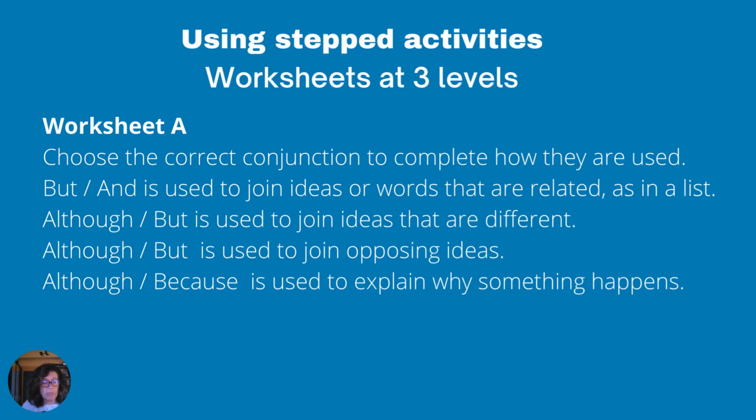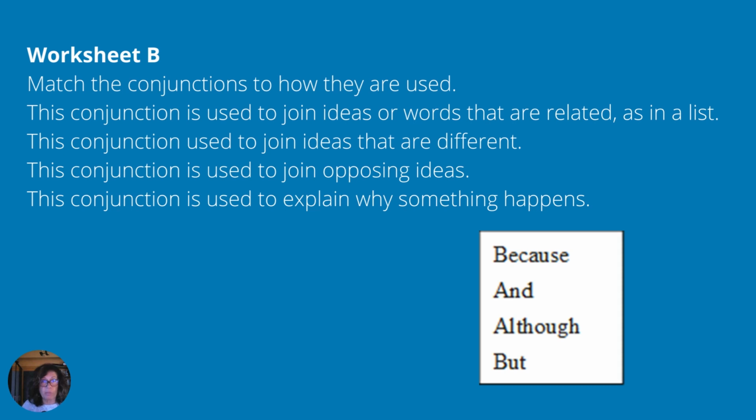For example, using worksheets at different levels. You categorize the worksheets according to the level of difficulty, and you have A, for example, which has the most support. It's the least challenging. Then you have worksheet B, which is somewhere in between, as you will see.